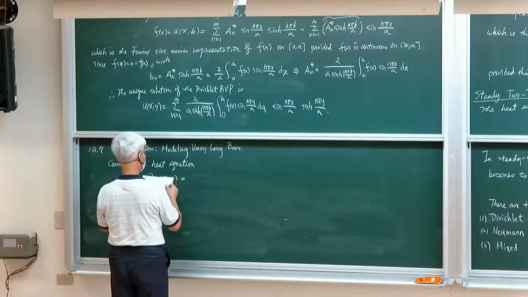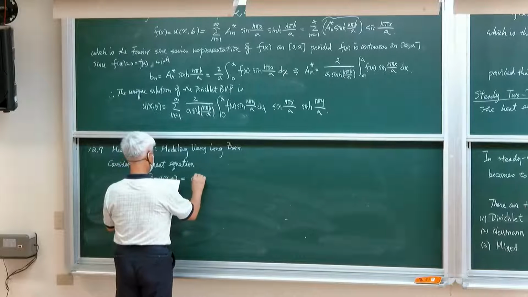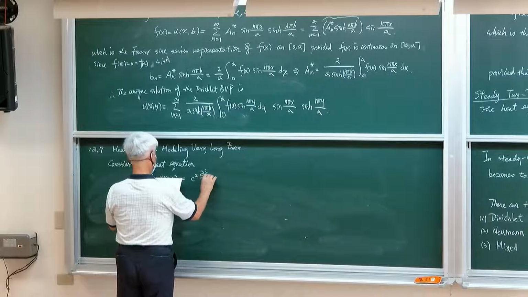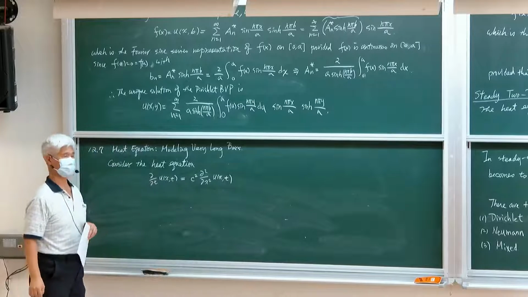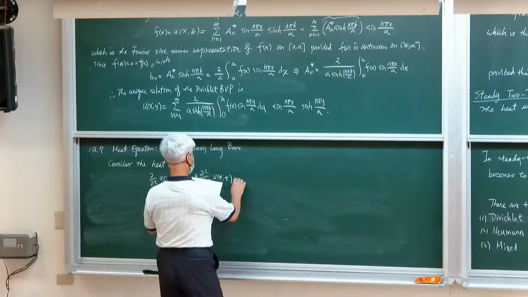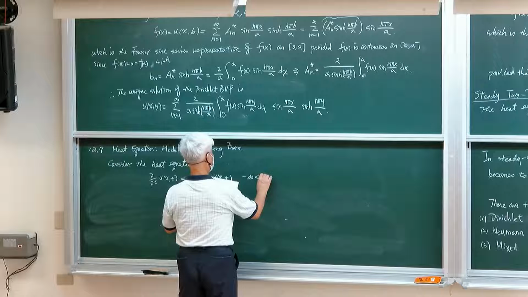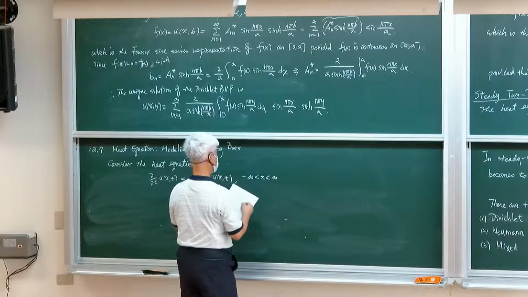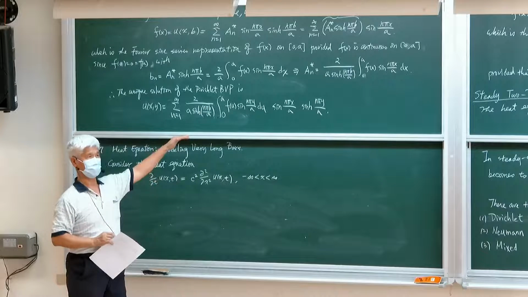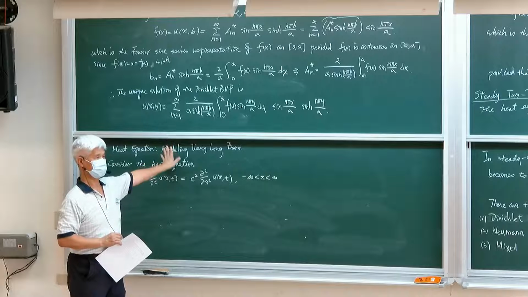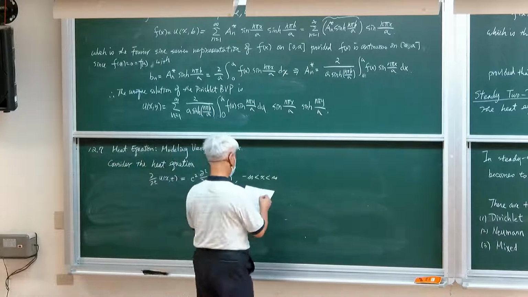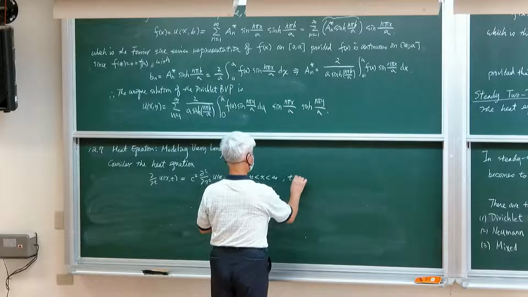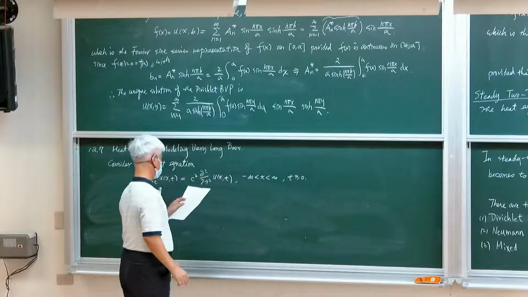Now it's one-dimensional, so we have only one spatial dimension x, but the bar is very long, so it's extended to minus infinity and also to positive infinity, and t is greater than 0.